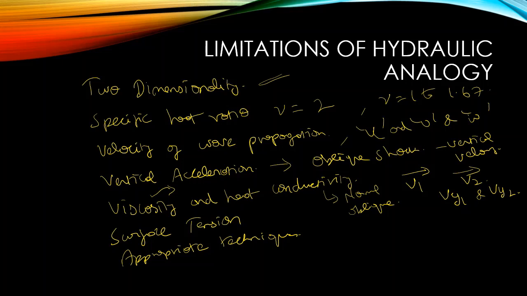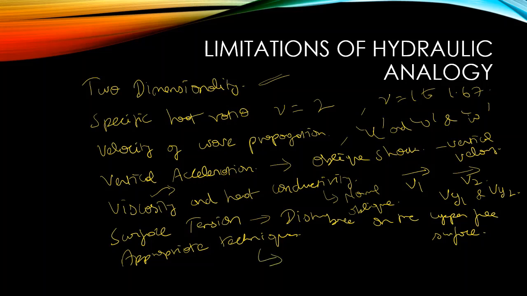And then surface tension. You know very well about the surface tension of shallow water. If we have any disturbances on the upper free surface, we get deviation of readings due to surface tension.